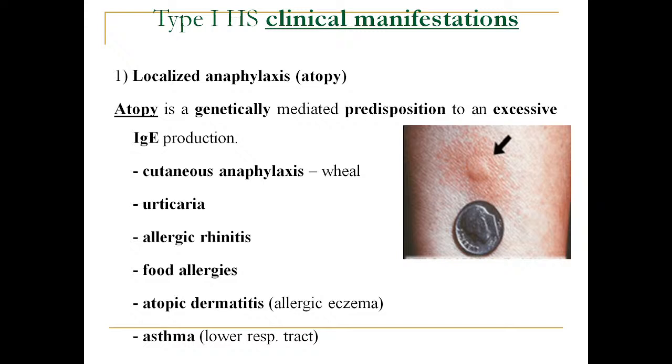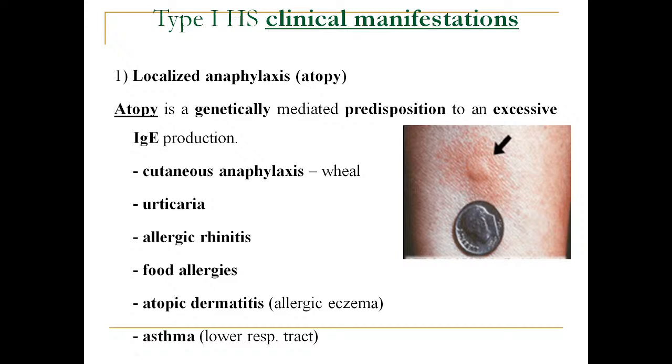Which clinical manifestations can be visible in anaphylactic allergy? There are two types of clinical manifestations. The first one is localized anaphylaxis, or it is also called atopy. What is atopy?